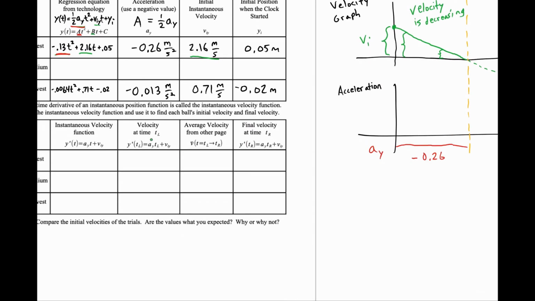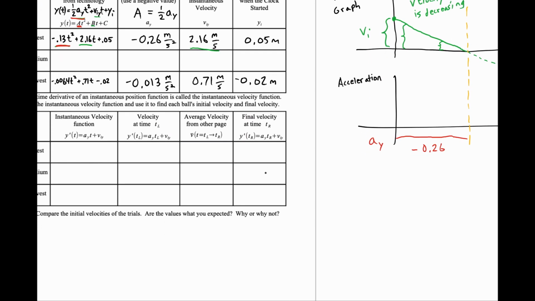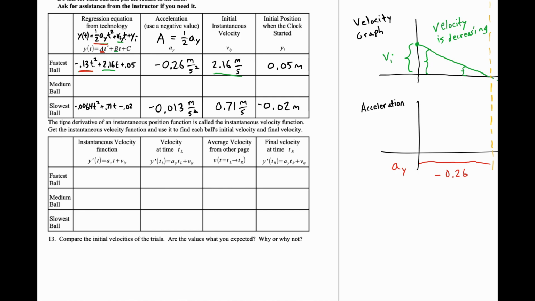Alright, hope that all makes sense. Let's see, here it says the time derivative of an instantaneous position function is called the instantaneous velocity function. We want to get an instantaneous velocity function from our results above. So y prime is also known as Vy.